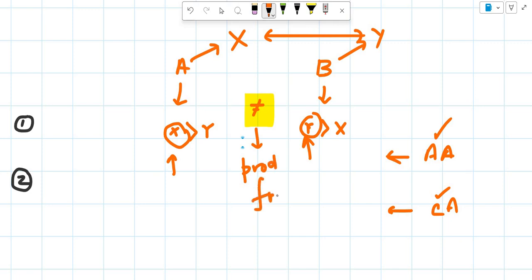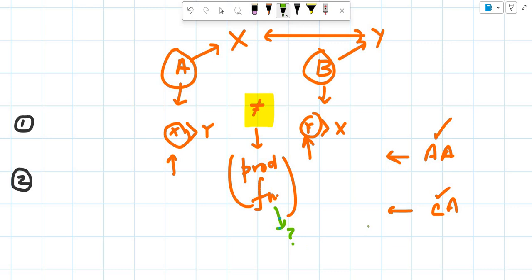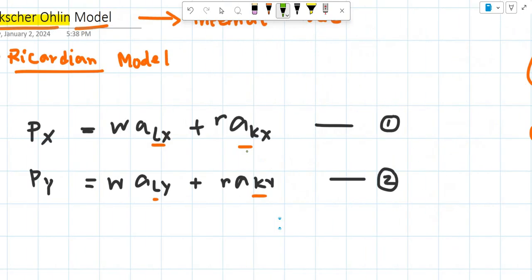So the main idea about the comparative advantage and absolute advantage was that the two countries under question have different production functions. So the question arises: is that always true? Do all countries have different production functions? So if I consider 7 countries, do all the 7 countries have different production functions?